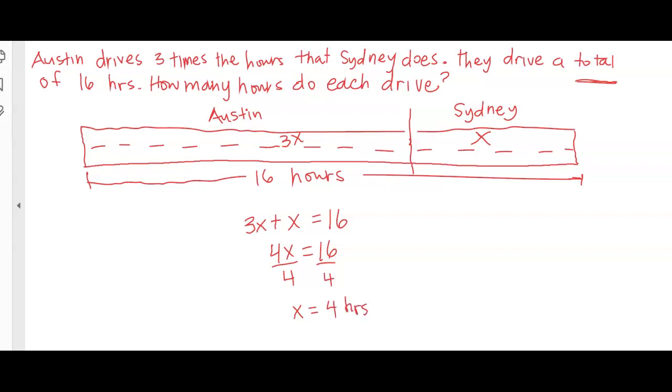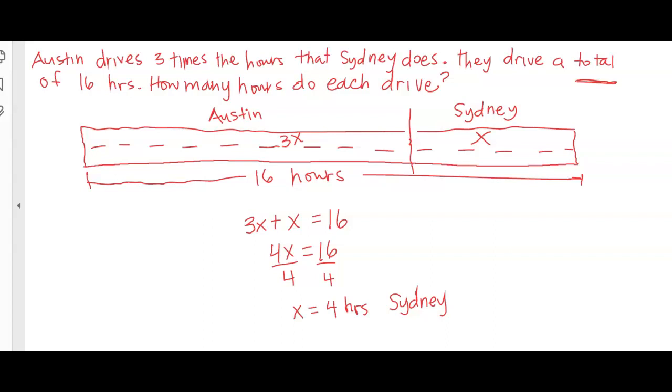Now you need to ask yourself, what is it that we just found? Well, x corresponds with Sydney's time. So 4 hours is how long Sydney drove. Then to figure out how long Austin drove, we need to multiply that by 3.